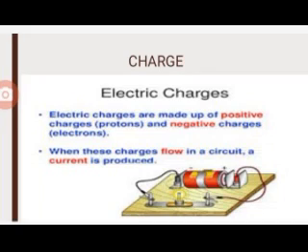The battery has two edges, positive and negative. When it is connected, the electrons flow from one point to another point, and at that time a current is produced. When these charges flow in a circuit, a current is produced.